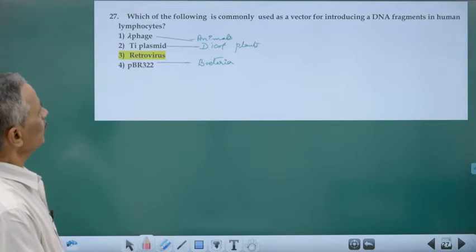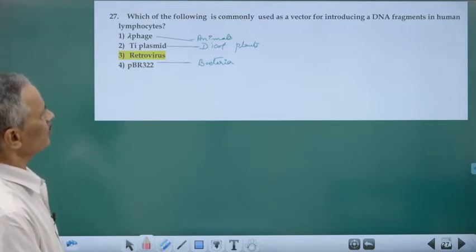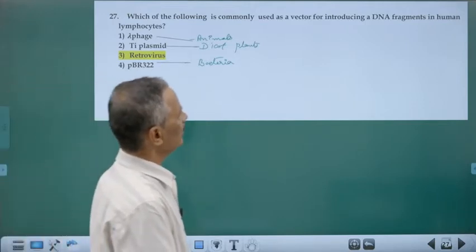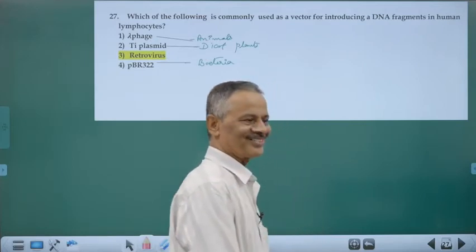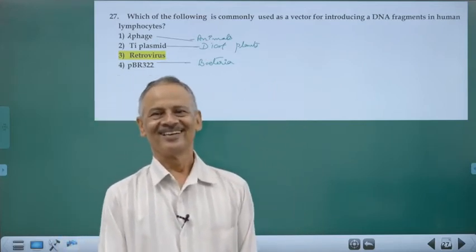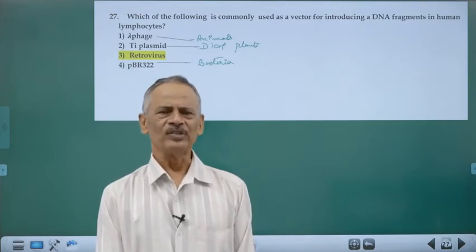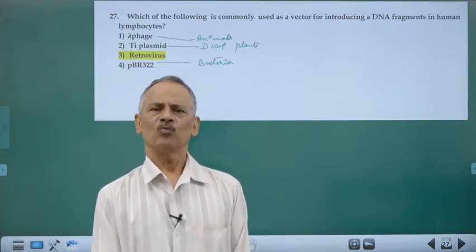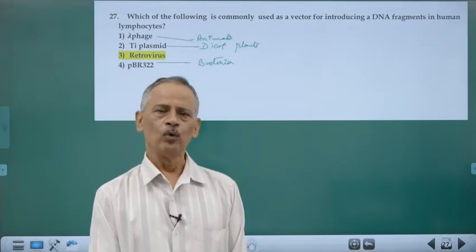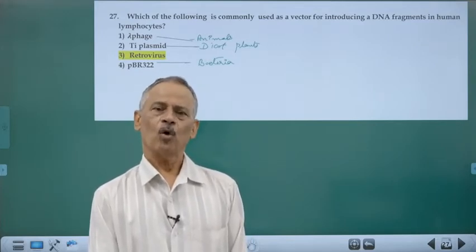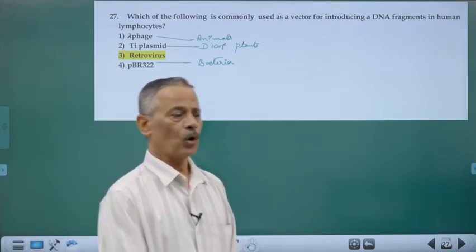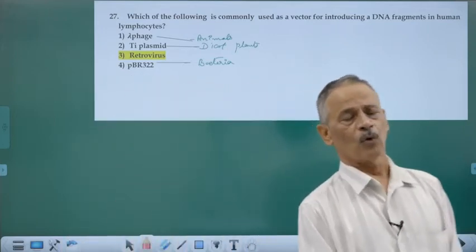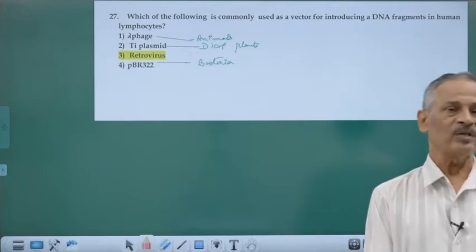Which of the following is commonly used as a vector for introducing a DNA fragment in human lymphocytes? We are using different types of vectors. As I told you, in earlier times we used only simian viruses, SV40, for introducing foreign DNA into human cells.